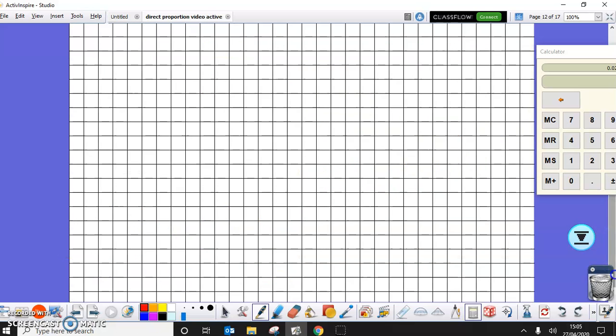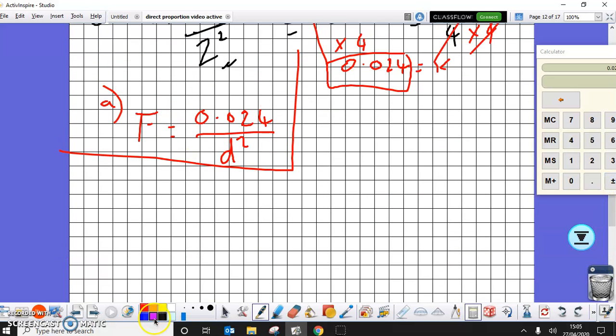Okay, so for B, F equals 0.024 divided by 2.5 squared. 2.5 squared is 6.25.